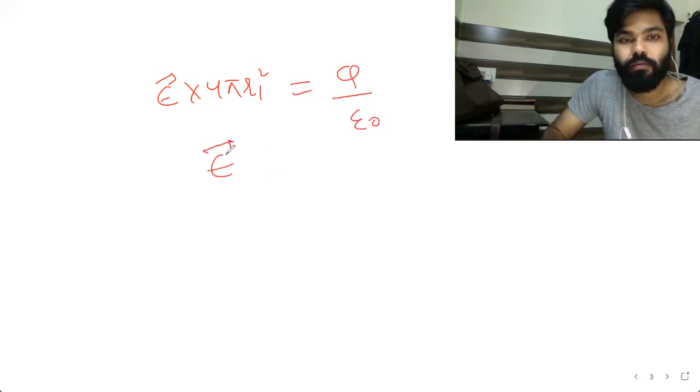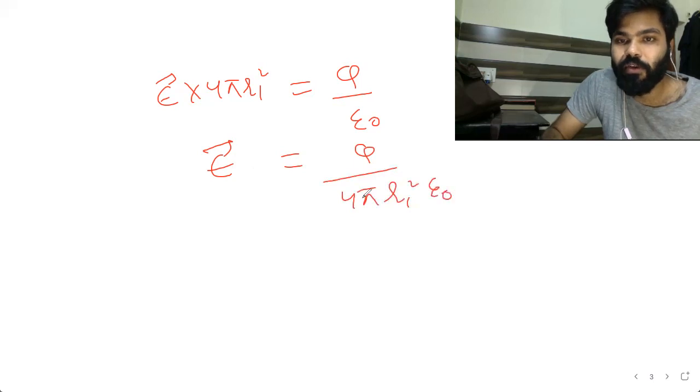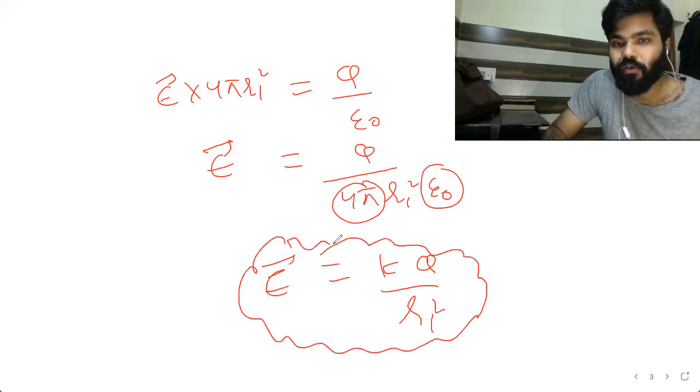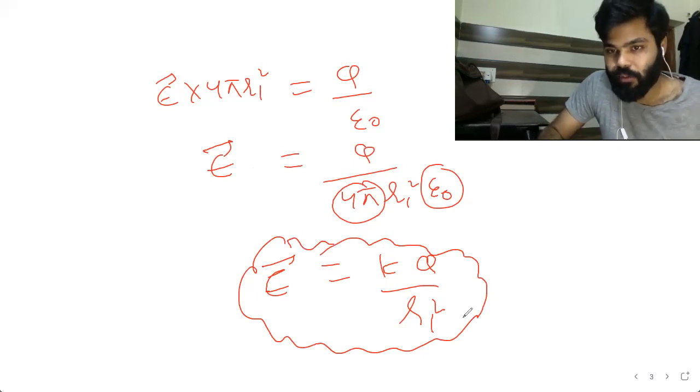So when you do some calculation, you will get E equals q over 4 pi r1 square times epsilon naught, and 1 upon 4 pi epsilon naught is k, so E is kq over r1 square. It is similar to that of a point charge. So this is electric field at outside point, that is kq over r1 square.